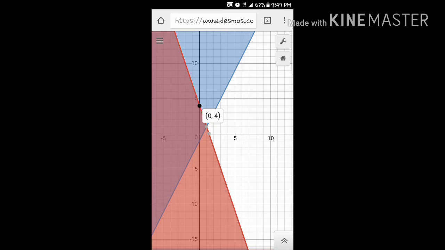Another one is (0, 4). Then you always want to have 3 points because it makes it easier to graph the line with the ruler. So you find another point, which is (2, -2), and plot it on your graph paper.